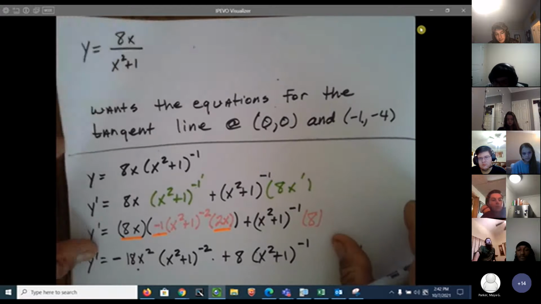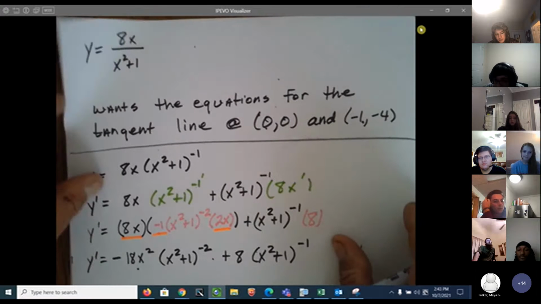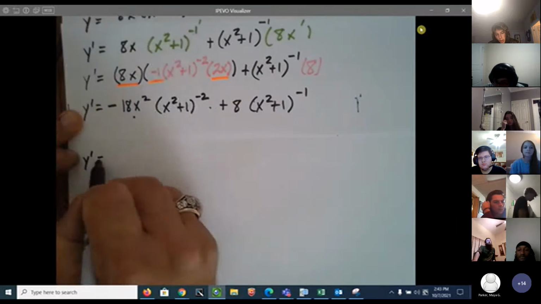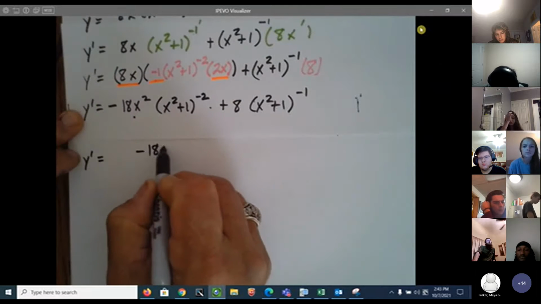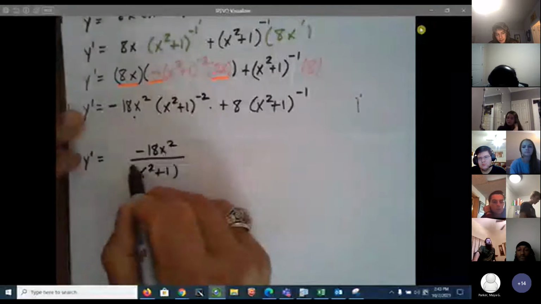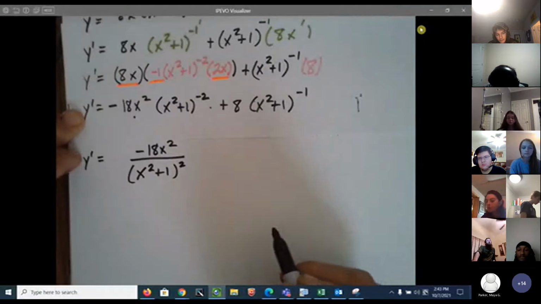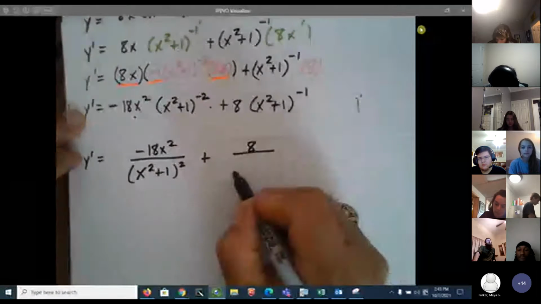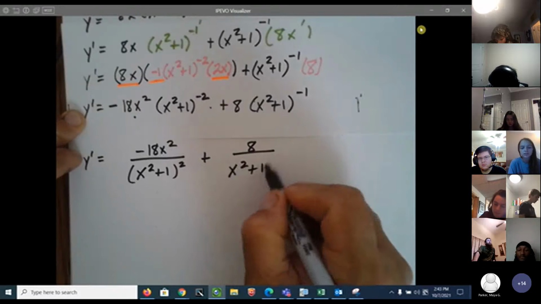And I'm going to get a common denominator. y prime is equal to -18x squared over (x squared plus 1) to the second power plus 8 over (x squared plus 1) to the first.